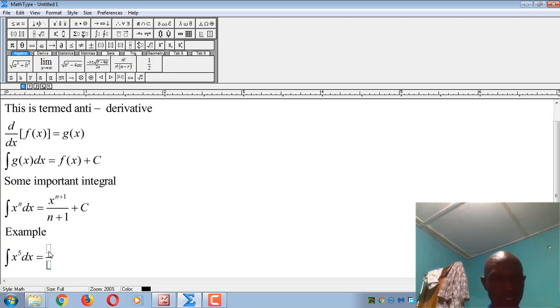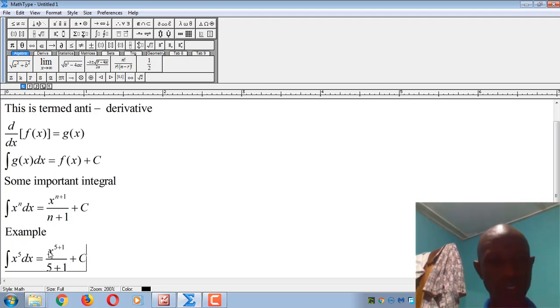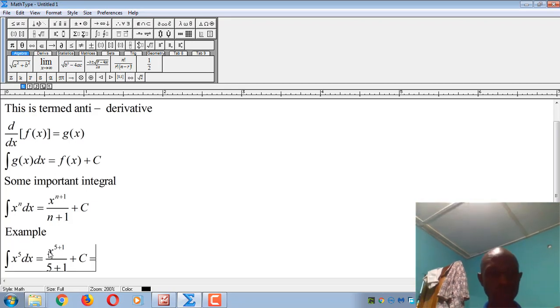That will be x raised to the power of 5 plus 1, over 5 plus 1, plus c. This gives us x raised to the power of 6 over 6, plus c.